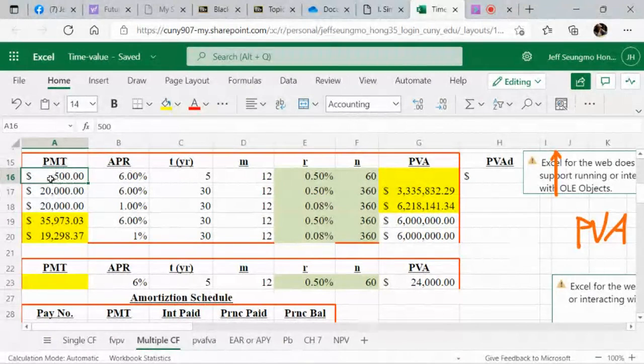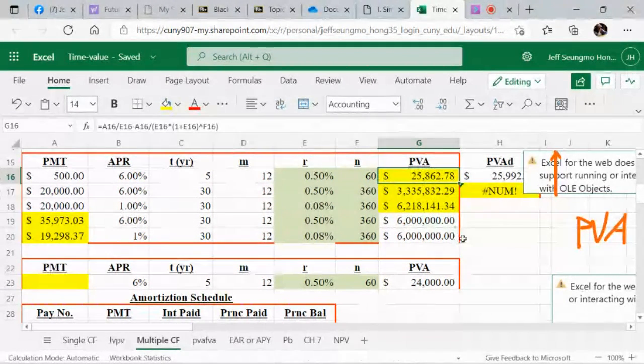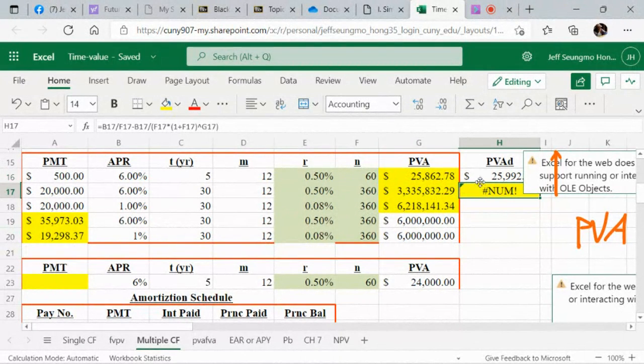First of all, we can solve for the present value of those annuities, right? And I'm just going to copy this formula, and copy and paste it up. And we get, okay, what is this?